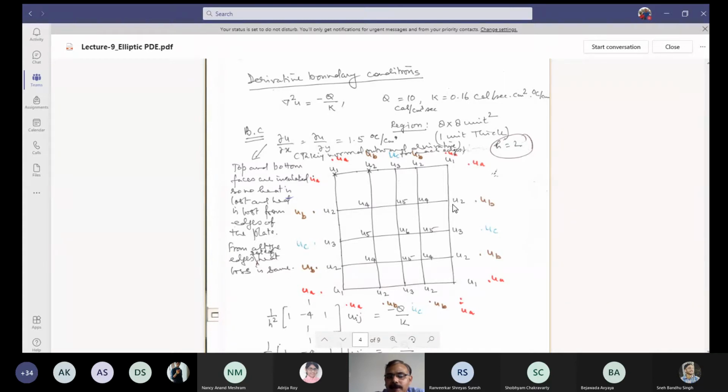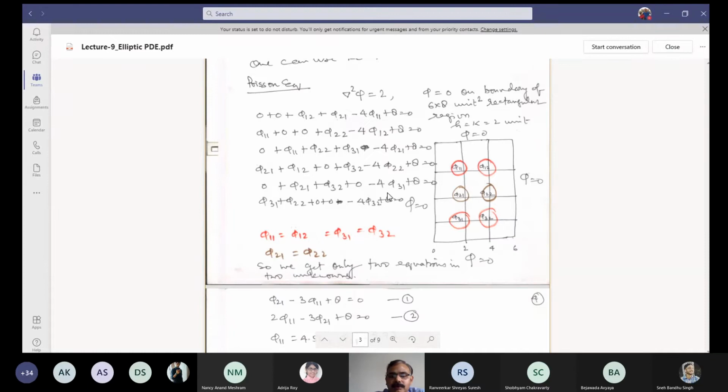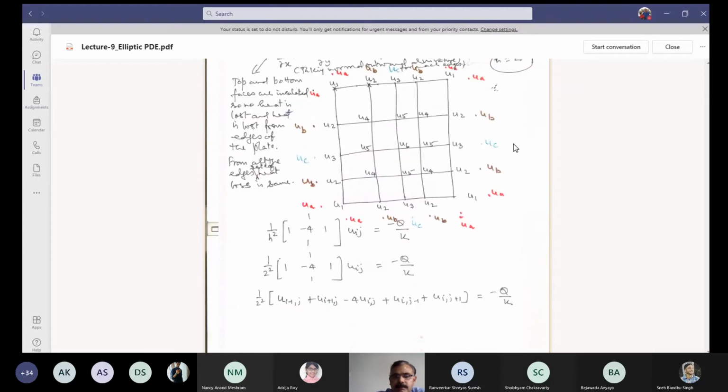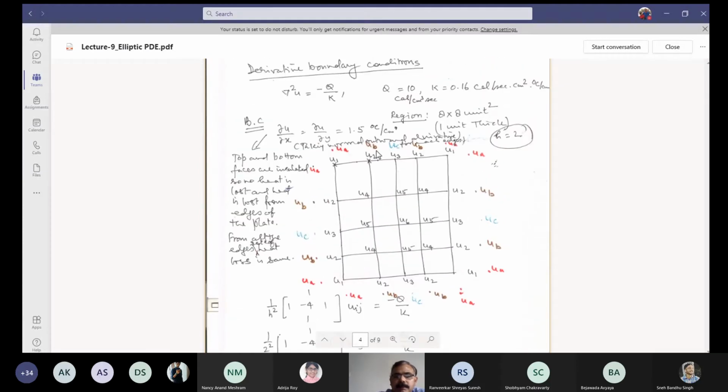U2 you can get from the Y part, and you can get U2 from the X part as well, because of symmetry. I have written the fixed values along this Y part. This is UA, this is UB, this is UC, and again UB and UA. So basically the domain, the same thing we do there also.